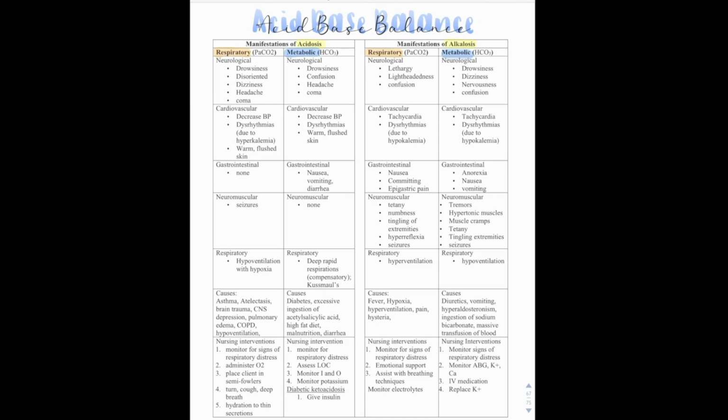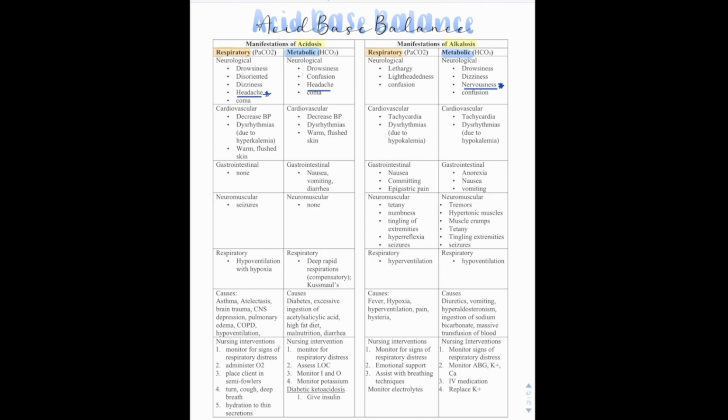So all of these are very similar, and you don't need to go through each one and remember that for respiratory acidosis, I'm going to see this, and for metabolic acidosis, I'm going to see this, because you're really seeing the same thing for almost all of these. We want to look at the differences. One thing I see is nervousness in metabolic alkalosis, so that might be a key thing to remember. I'm also seeing that for acidosis, we may see a headache for both metabolic or respiratory.